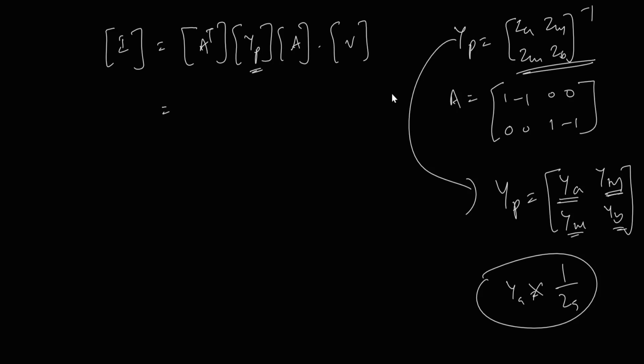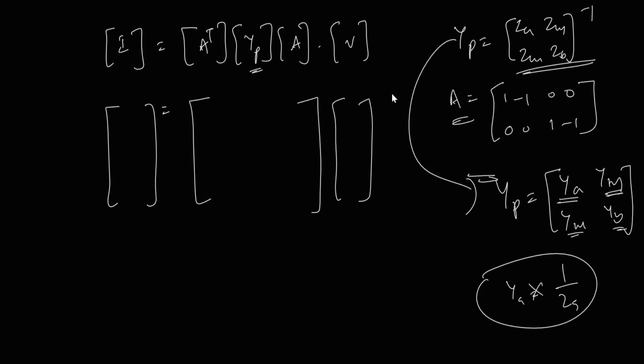Now if you substitute this matrix and this matrix here and expand this one, you will have it like this. So this is Im, In, Ip, Iq, the nodal currents, and nodal voltages Vm, Vn, Vp, Vq.